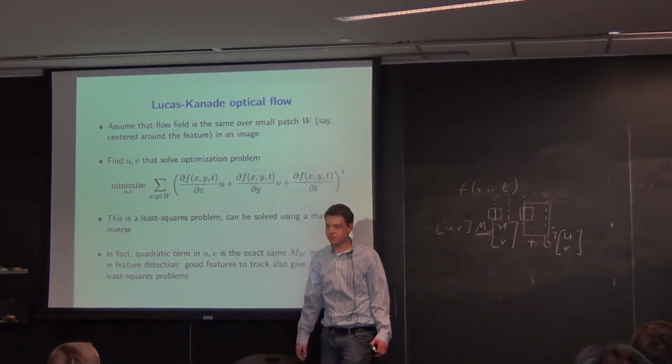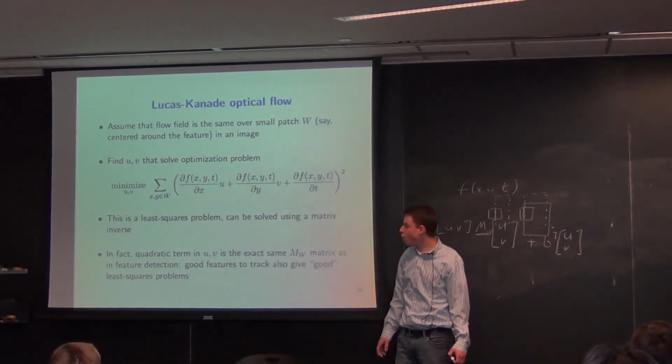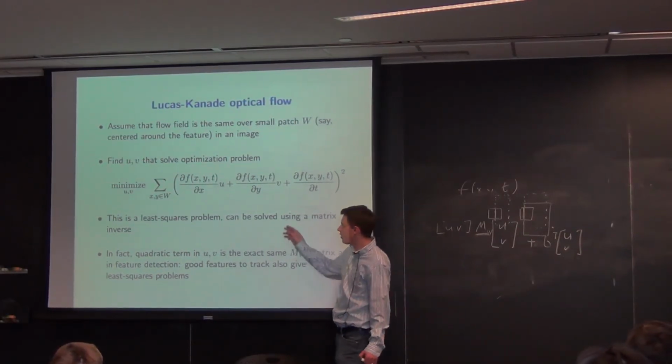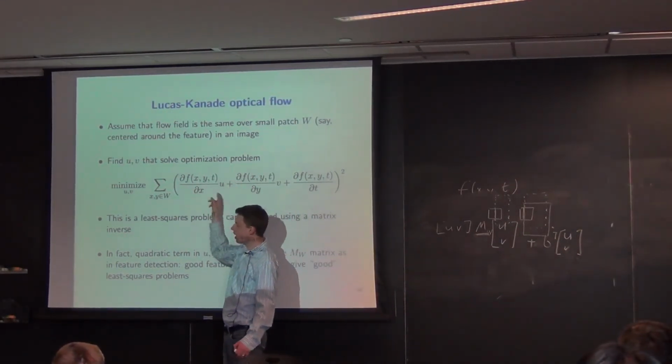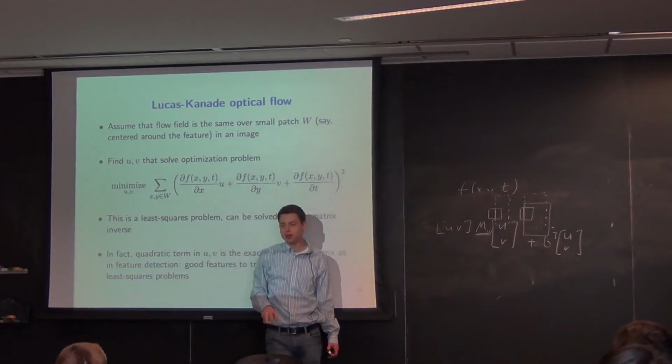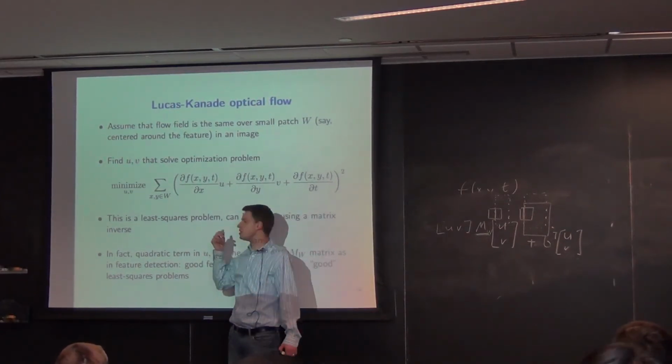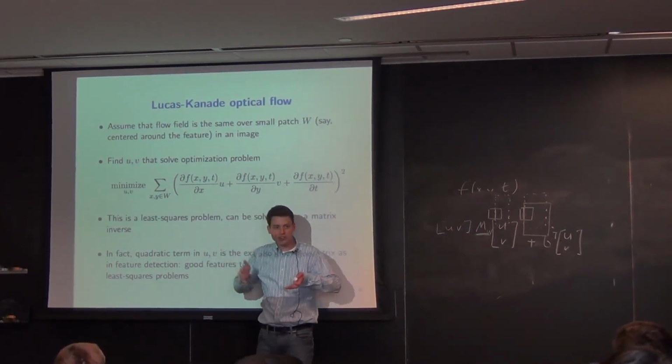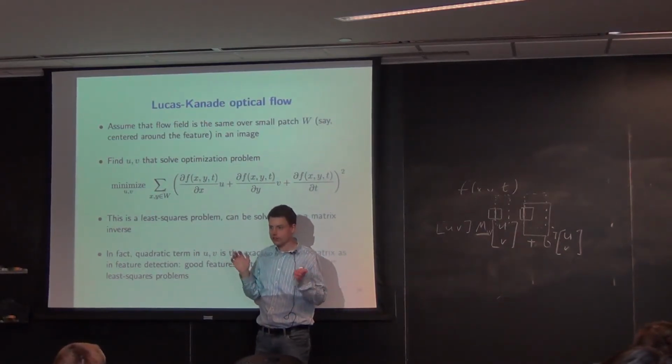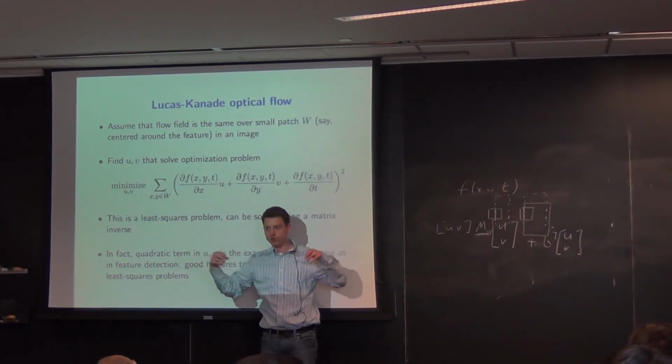So what's very cool here is that, and I should also say, if this matrix has two high eigenvalues, that corresponds to this function having a well-defined minimum. Whereas if one of its eigenvalues is very small, this function does not have a well-defined minimum. It can be small for a whole range of different points.